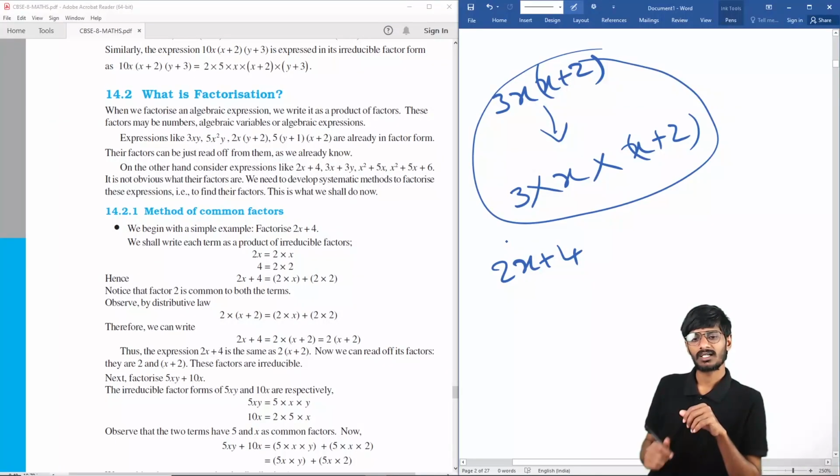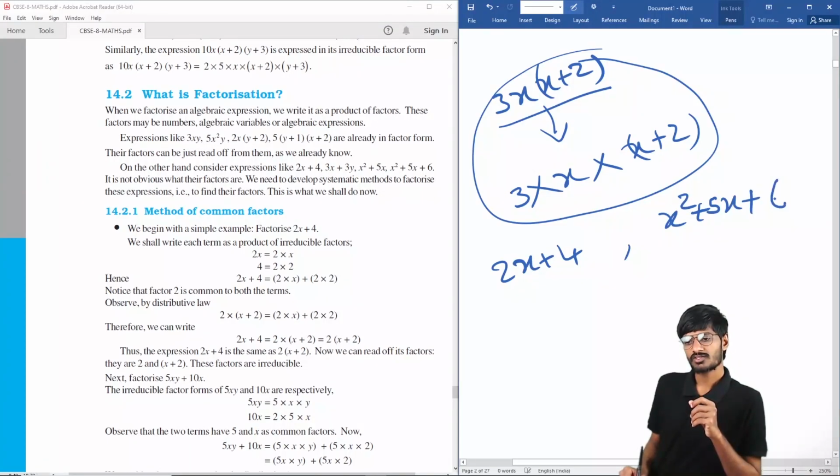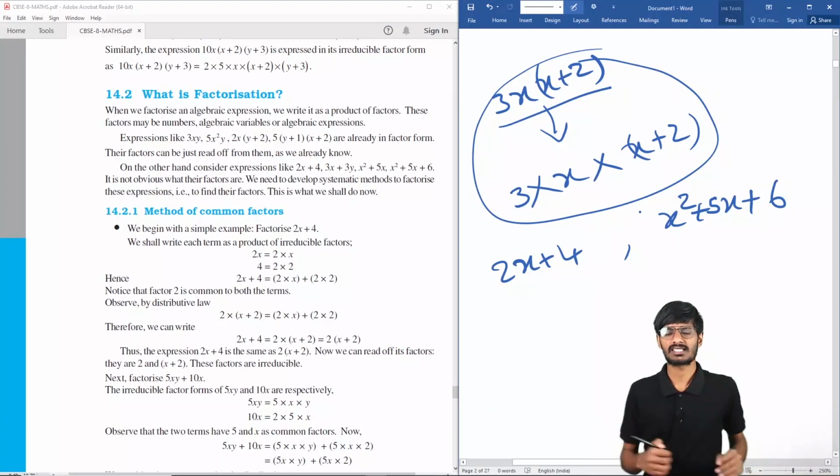It is somewhat complicated. We can't just tell by simply seeing it. But in the earlier case, by simply seeing it, we can tell: 3 is a factor, x is a factor and x plus 2 is a factor. And suppose you are having x square plus 5x plus 6, by simply seeing it we can't predict, no, this is a factor and this is a factor, students.